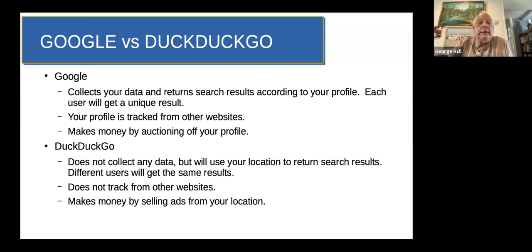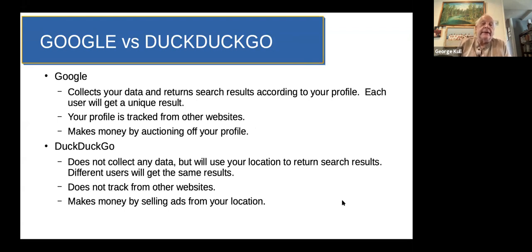The way Google makes money in this world is by basically auctioning off your profile. It puts out for bids a lot of your profile information, and then they will bid on whether or not they want their website to be presented to you. And that's how Google makes their money, basically.